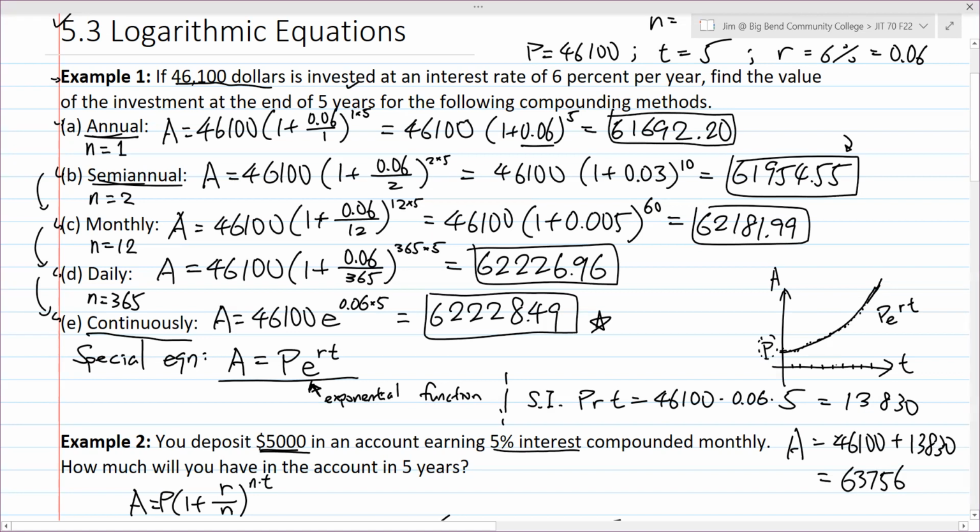You have the least amount of money. Right. And then that's even less than $60,000.